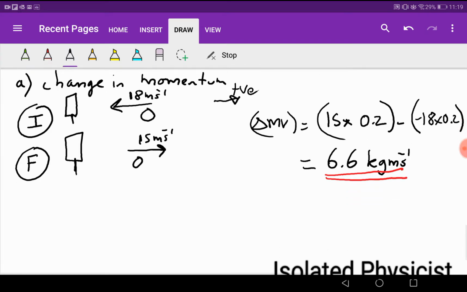And B was asking about what is the impact force?